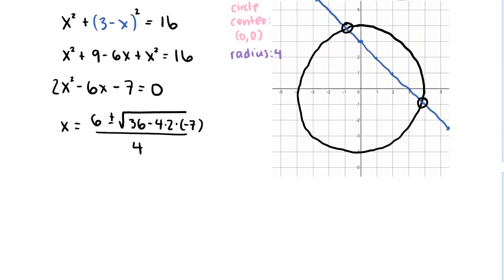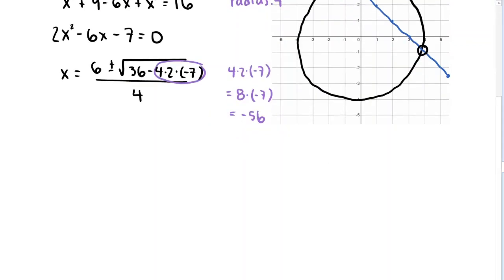And so notice that this part here, 4 times 2 times negative 7, well, 4 times 2 is 8, and 8 times negative 7 is negative 56. And if I'm going to subtract that, this is really the same as adding on positive 56, right?